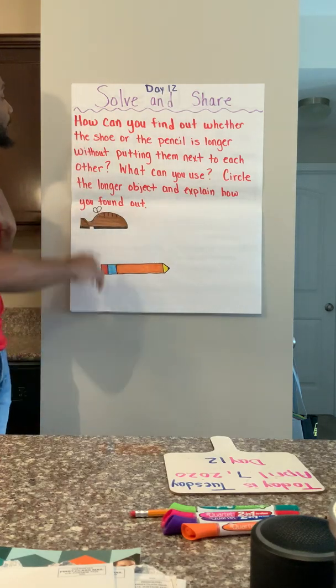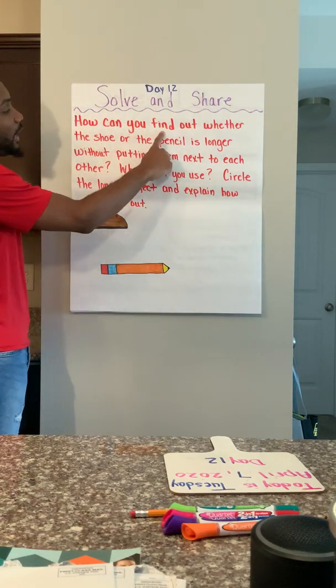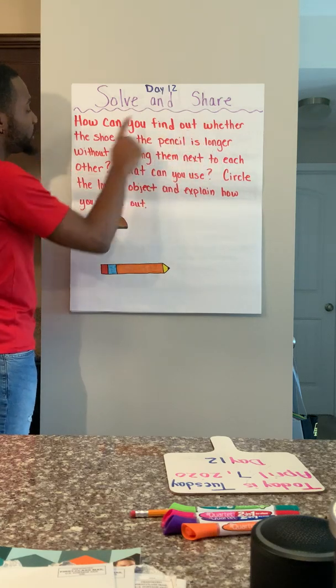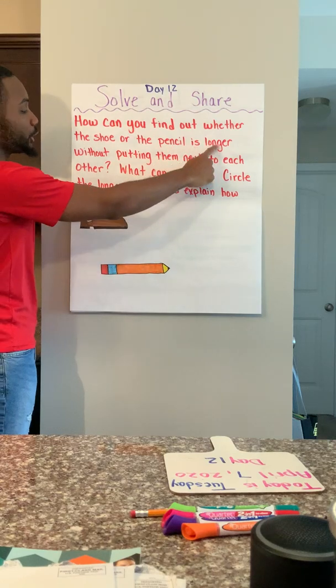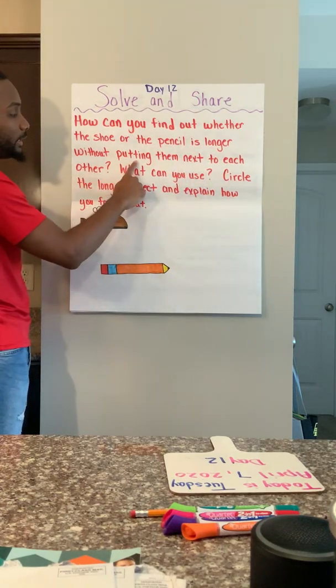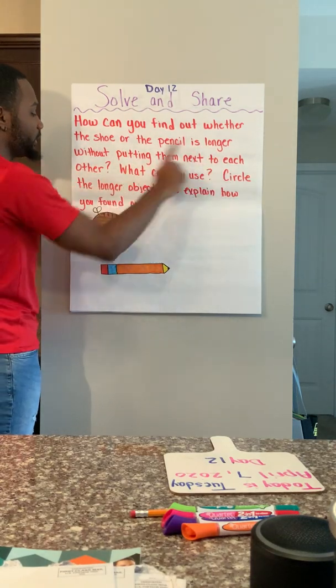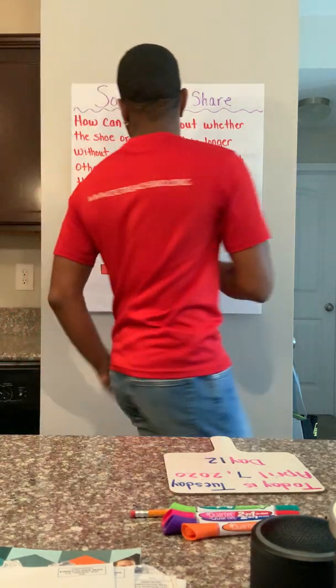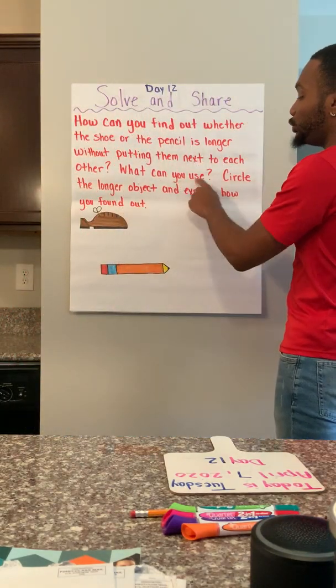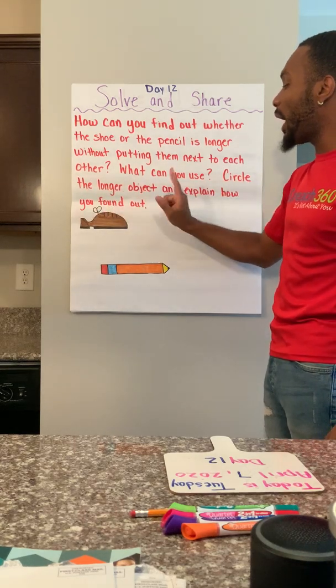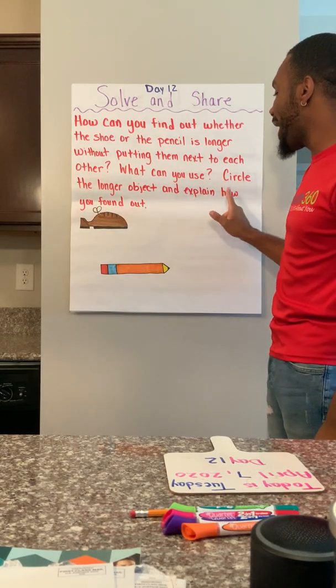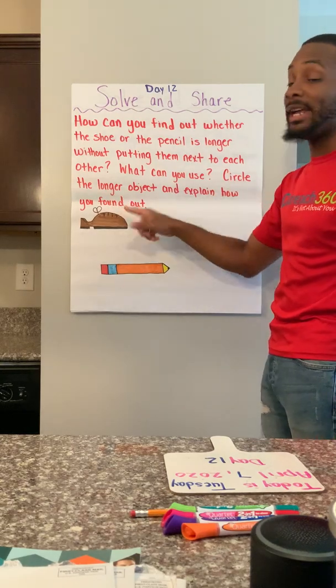So let's begin. How can you find out whether the shoe or the pencil is longer without putting them next to each other? What can you use? Circle the longer object and explain how you found out.